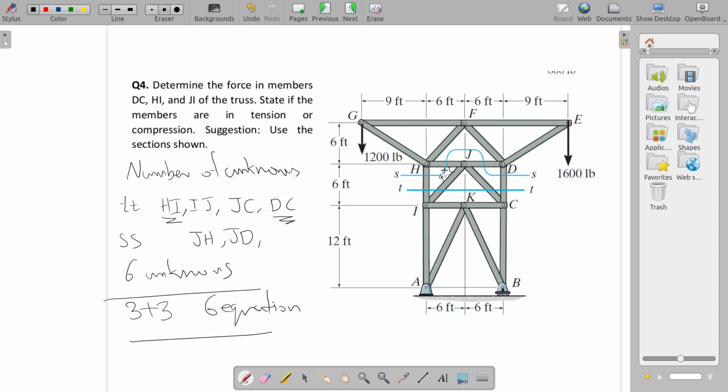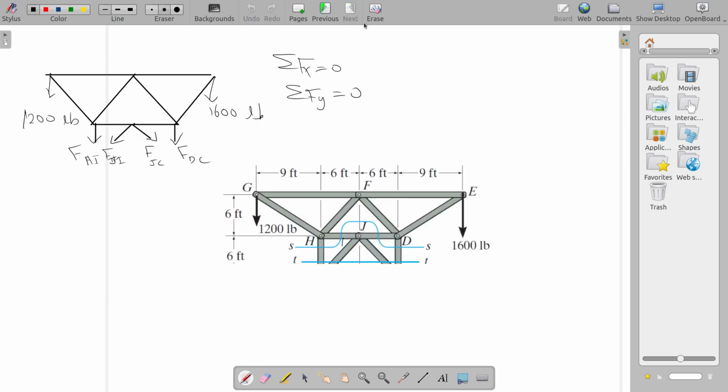And this is also 6 feet, 6 feet, so this is also 45. All others are either horizontal or vertical, so no issue. And you can take moment about, let's say, arbitrarily, this point D. So you have 3 equations there.